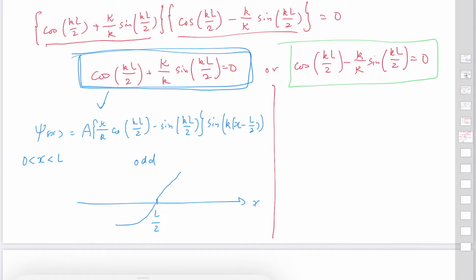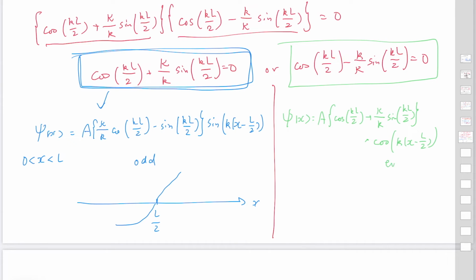In the case of the green situation, Cx is going to be 0. So this is A cosine kL over 2 plus kappa over k sine kL over 2, times cosine k(x minus L over 2).